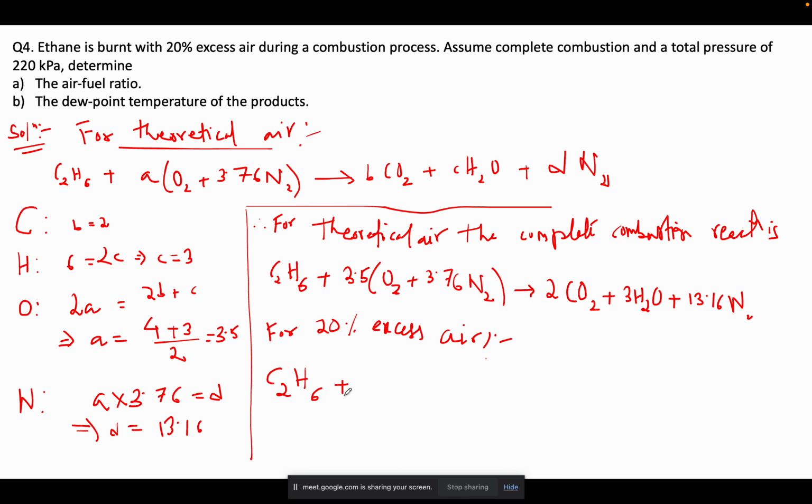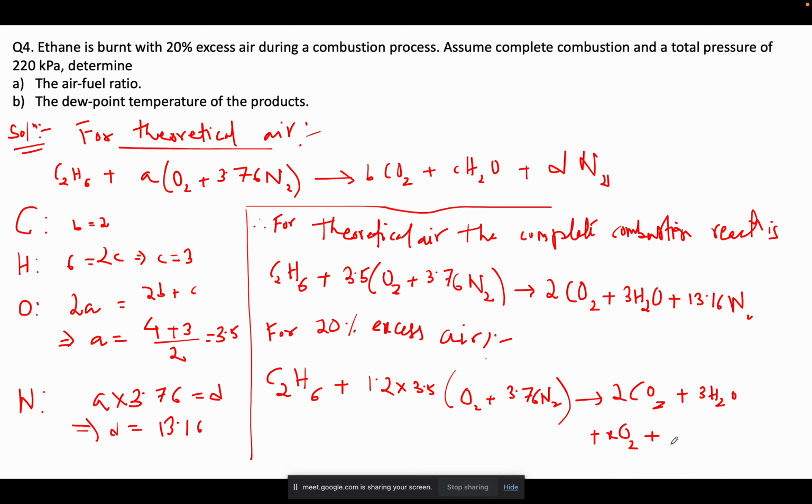C2H6 plus 1.2 into 3.5 O2 plus 3.76 N2 will give you 2 CO2 plus 3 H2O plus some X amount of oxygen, which will remain unreacted.